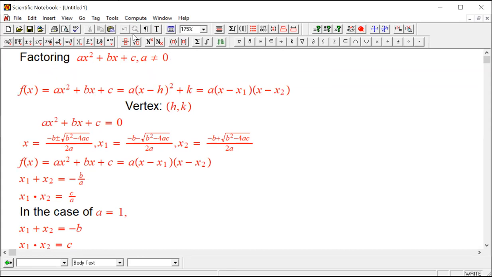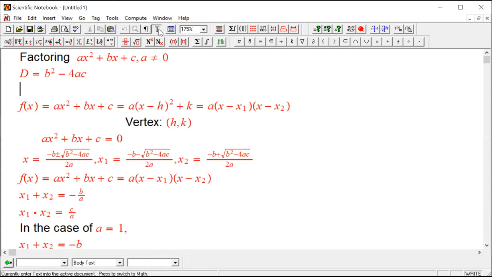So, the discriminant, which equals b squared minus 4ac. There are three cases. If D is positive, then there are two x-intercepts.